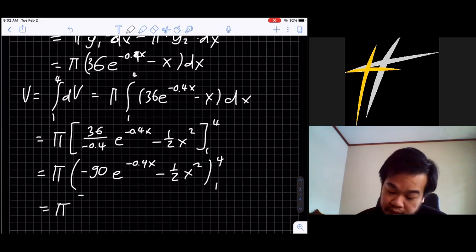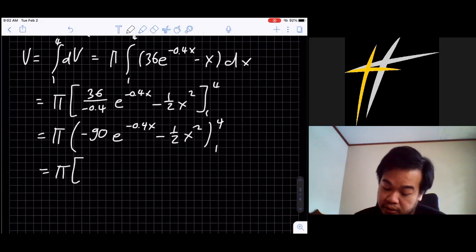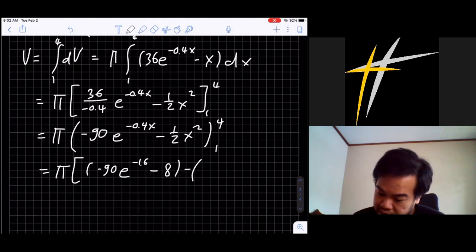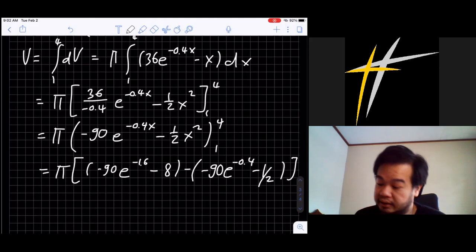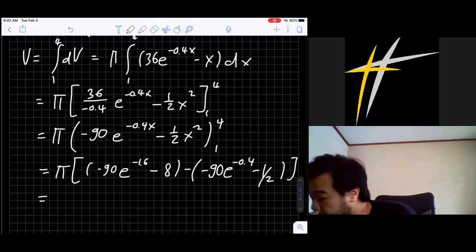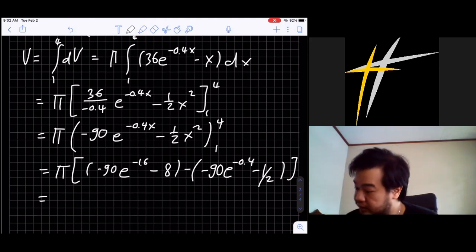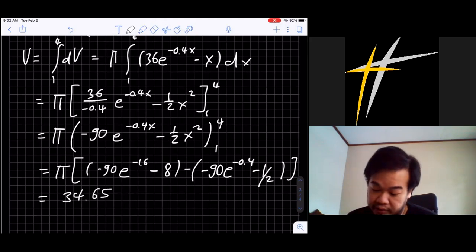So it's pi, let's calculate, negative 90 e power of negative 1.6 minus 8 minus negative 90 e power of negative 0.4 minus 1 half. Yeah, and then if you calculate correctly, the result is 34.658 pi.